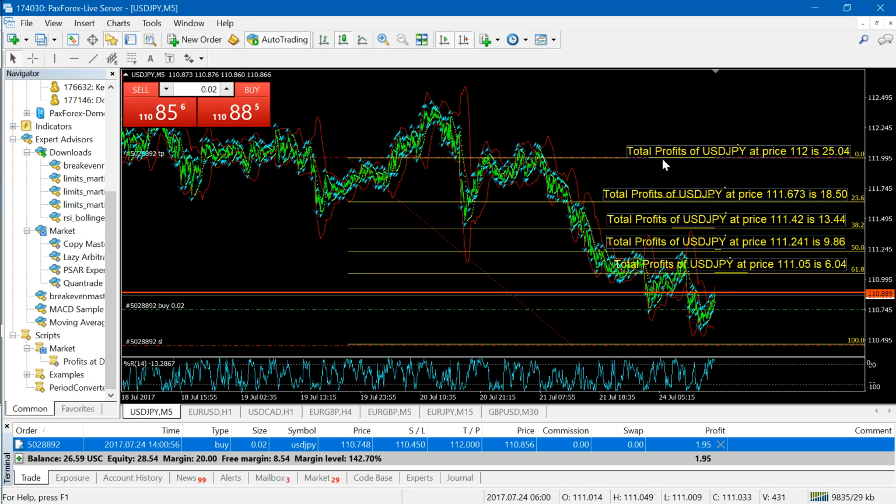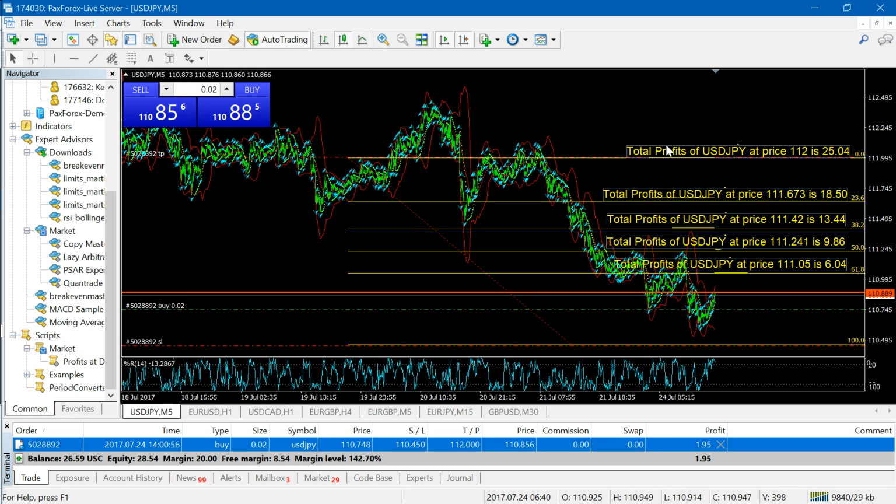I wanted to show you guys that this profits drop script, along with the Fibonacci retracement, is one of the most powerful combinations of indicators, well, scripts and indicators, that you can use to get a profitable idea of where you want to go.